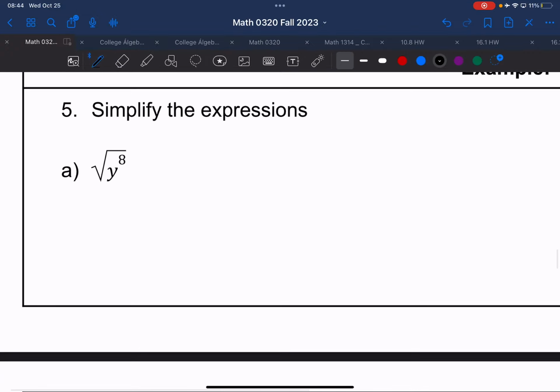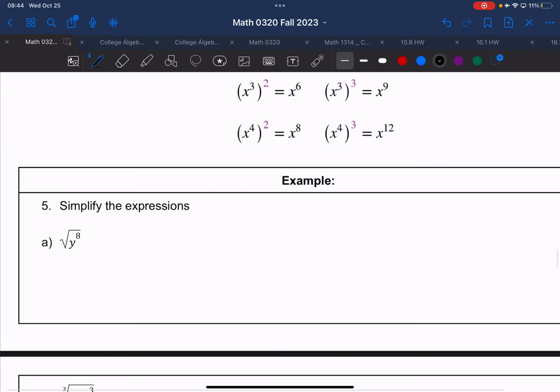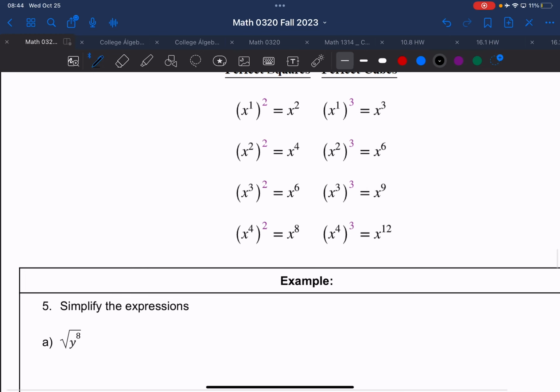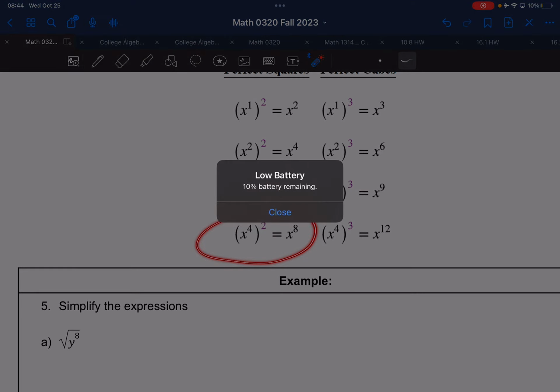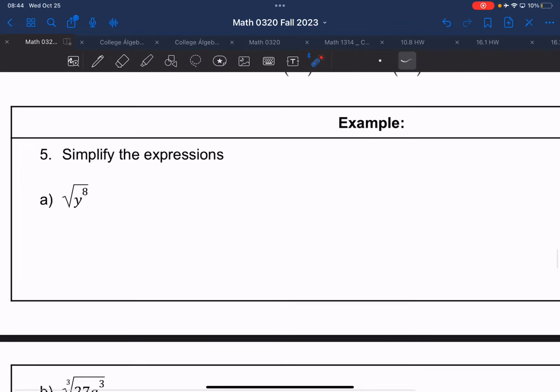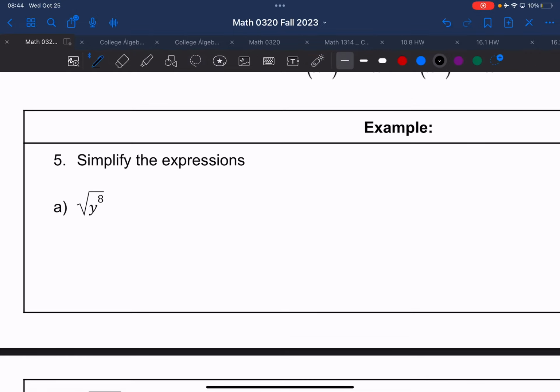Yes, y to the 4th squared. Like up here, x to the 4th squared is the same thing as x to the 8th. So y to the 8th is the same thing as y to the 4th squared. We're referring back to that chart.